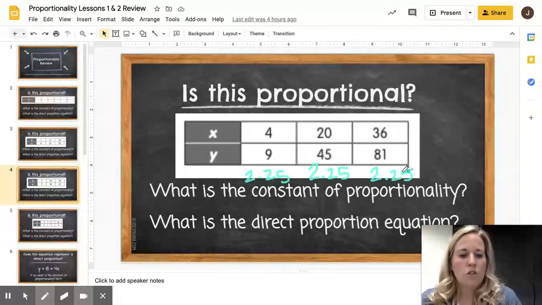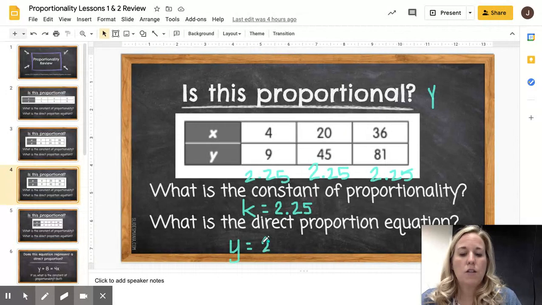So answering the question, is this proportional? I would say, yes, this is proportional. What is my constant of proportionality? That means my unit rate. That would be 2.25. And then if I were to write a direct proportion equation for this, I would say y equals kx.